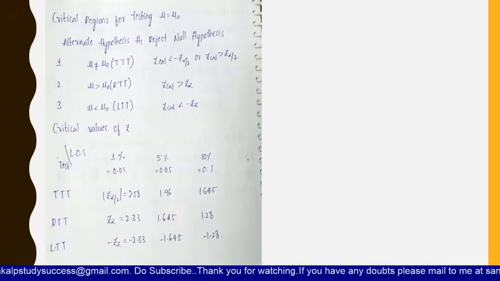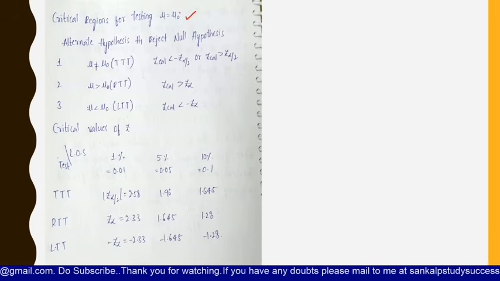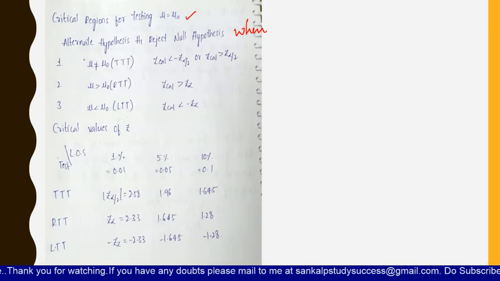Now, critical regions for testing mu equals mu naught. How do we decide whether the hypothesis is rejected or accepted? Let us see. Alternate hypothesis H1 rejects the null hypothesis when mu is not equal to mu naught, that is for a two-tailed test.